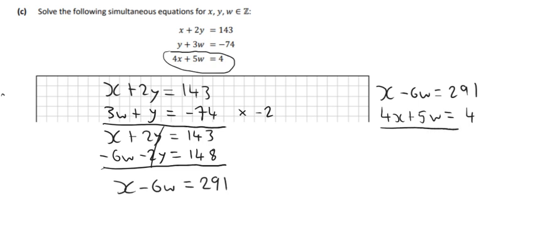I only have to multiply the top line by minus 4. So if I multiply the top line by minus 4, I get minus 4x plus 24w is equal to minus 1164.